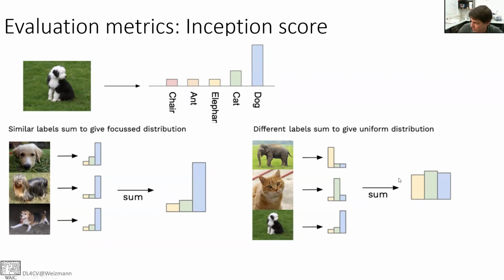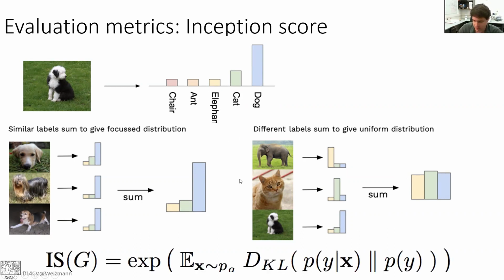So the Inception Score is built on this understanding. P of Y, where Y is the possible classes, over the set of generated images, I want to be more or less balanced, matching the distribution of classes in the data set.